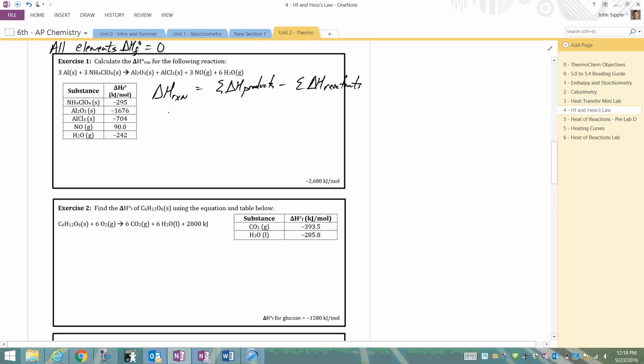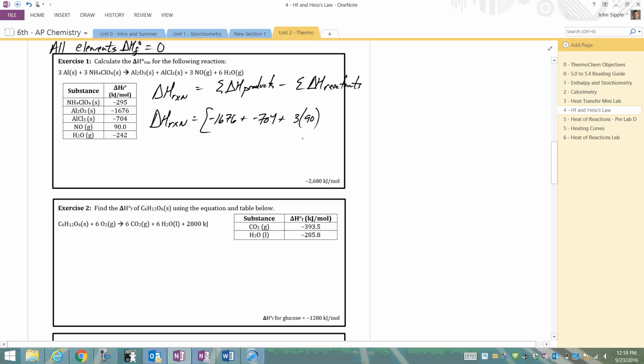Delta H reaction is equal to, so the products we've got Al2O3, which has a negative 1676. We're going to add that to aluminum chloride, another negative 704, plus 3 times 90 for nitrogen monoxide.